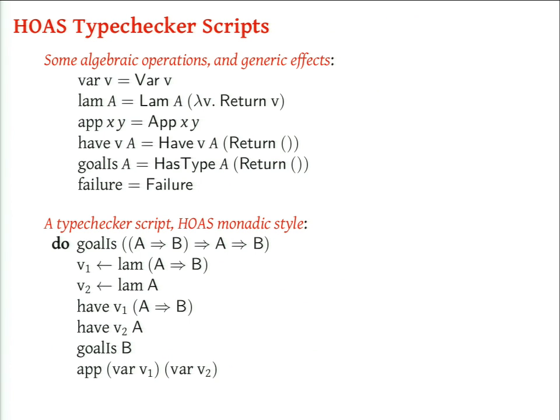But now we can write scripts where instead of implicitly referring to variables via numbers, we can refer to them by symbolic names. So now this is the same script as before, but when we do a lambda abstraction, we call that variable v1. We do another lambda abstraction, we call that variable v2. And now we can assert that v1 has type A arrow B, and we didn't have to count back through the lambda abstractions. We can assert that variable v2 has type A, and we can now assert the goal is B and apply v1 to v2.